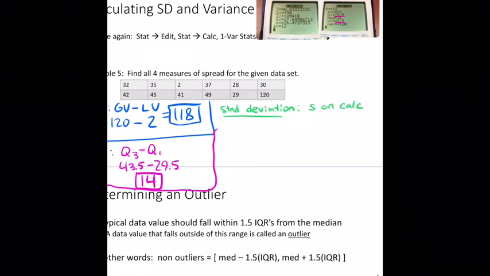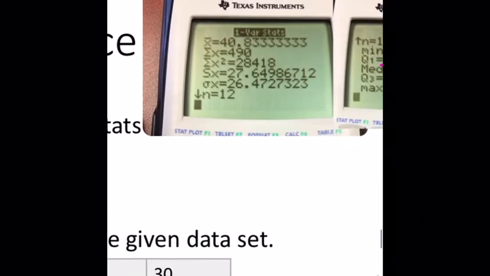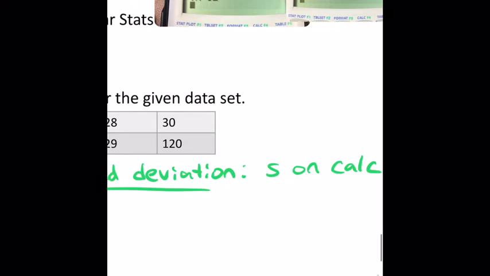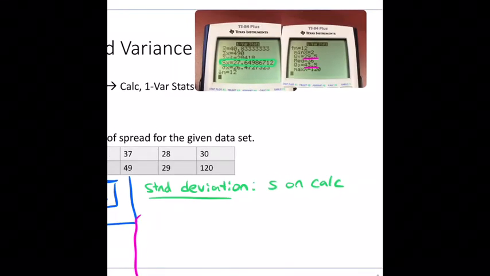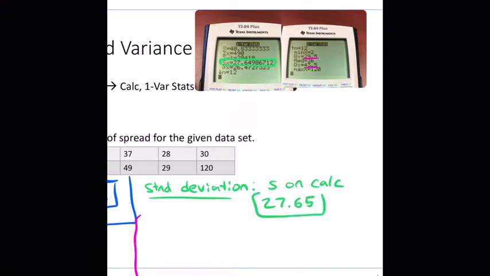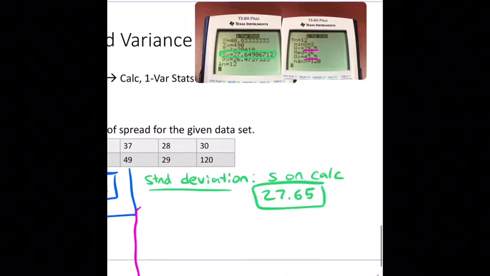It's not sigma. Sigma means something, and we'll talk about that later, and it is related to standard deviation, but S is the number we want. Okay, so this number right here, that's your standard deviation. So our answer here is 27.65. That's where we're going to round this.